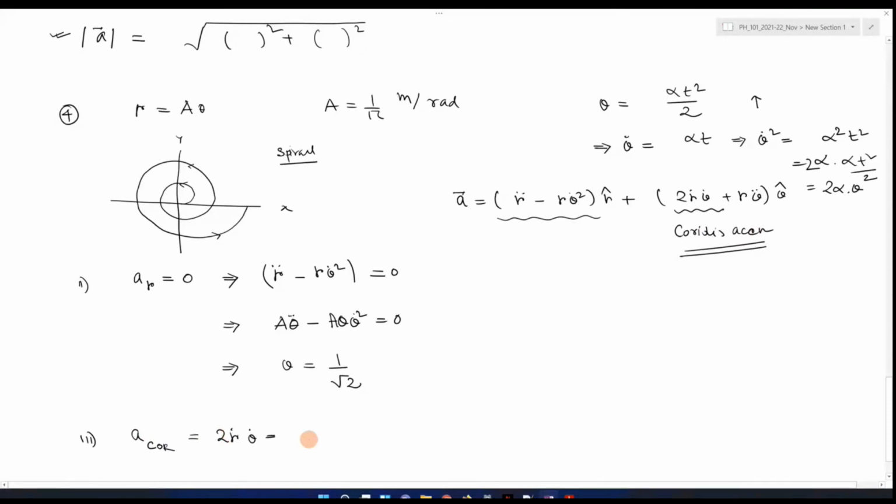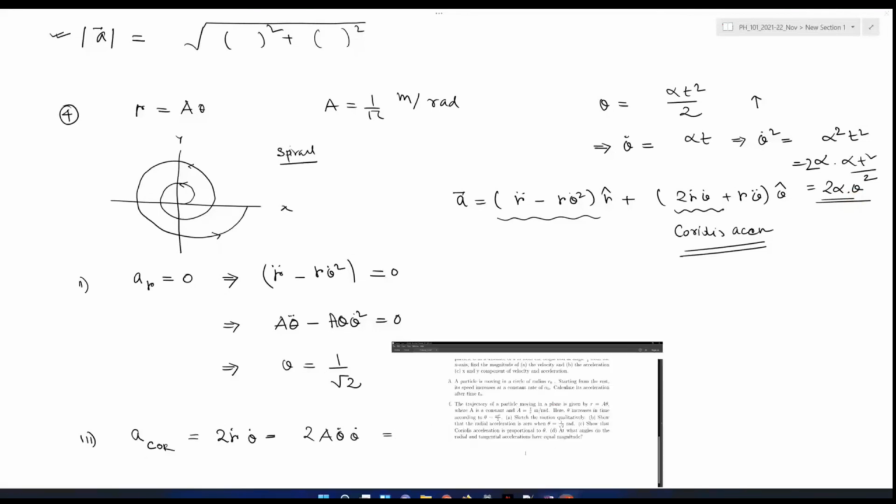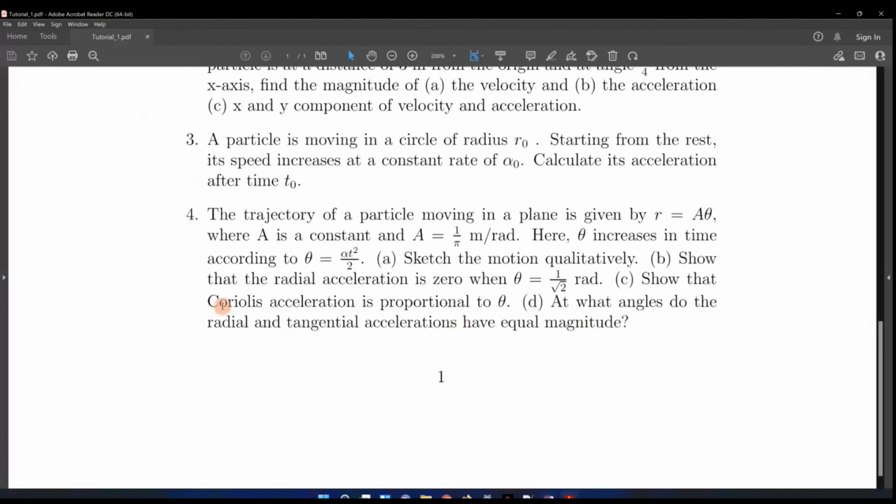R dot, you know, is basically a theta dot. So 2a theta dot, and again there was one more theta dot. So this will become 2a theta dot square. And theta dot square is 2 alpha theta, so 2a times 2 alpha theta. This is how you can prove that this acceleration is proportional to theta.